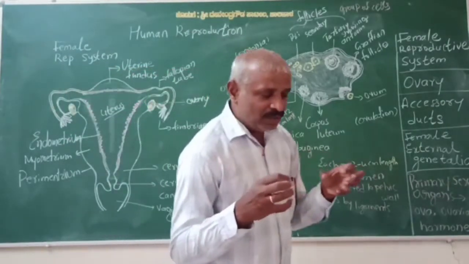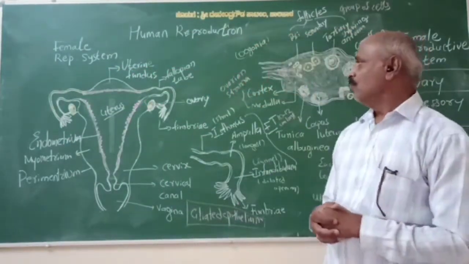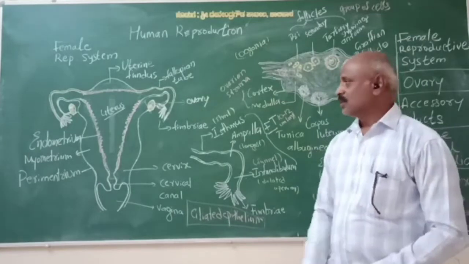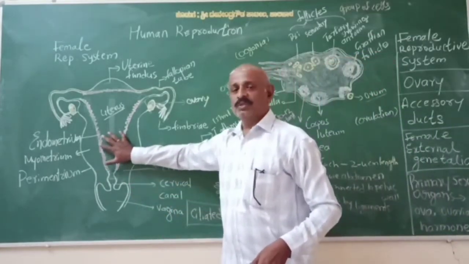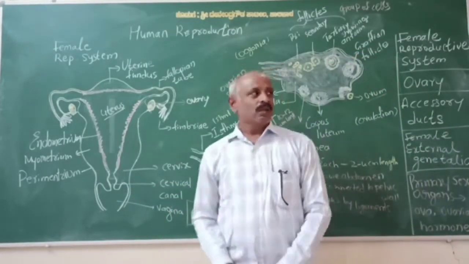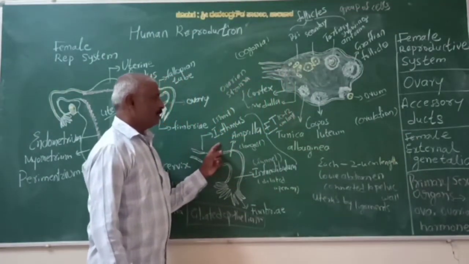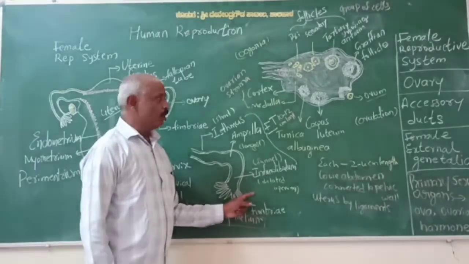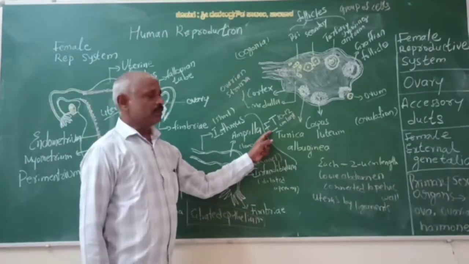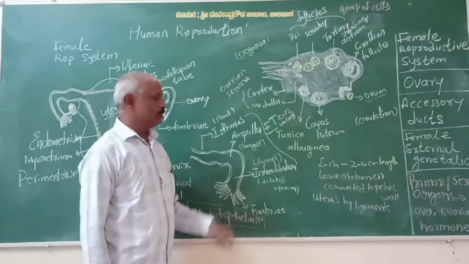It is a very brief class. I hope you got an idea of the structure of the female reproductive system, the accessory ducts like isthmus, ampulla and infundibulum, combined together called the fallopian tubes.